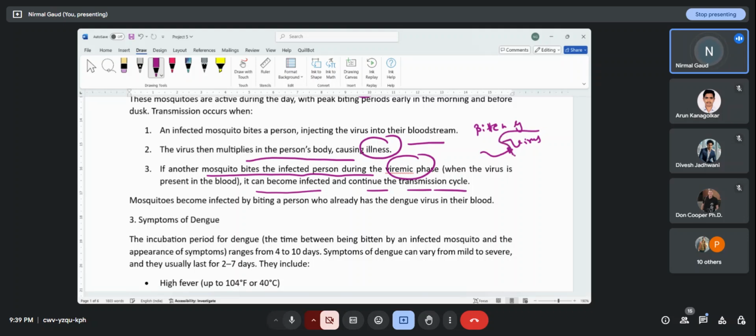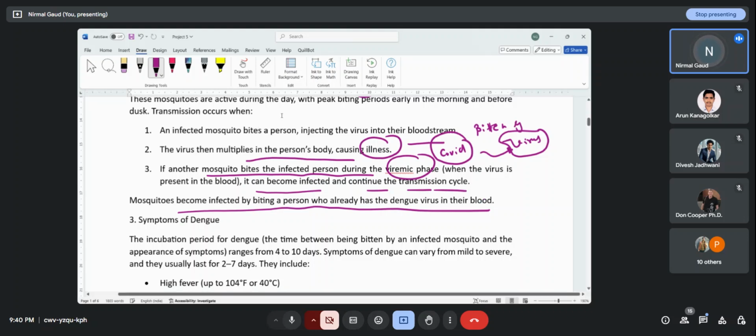What is the reason? The reason is the virus. We talked about COVID also, virus. So the virus replicates and spreads in your body, and it will spread in the mosquito also. So the mosquito becomes infected by biting a person who already has the virus in their blood. This is how the transmission occurs.